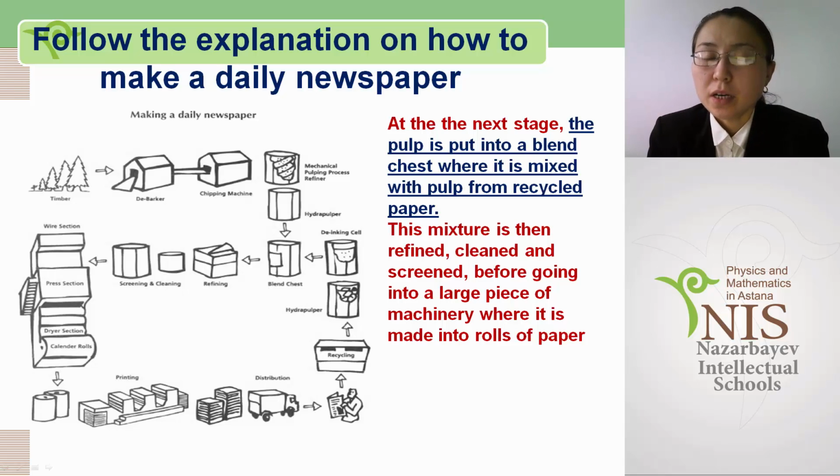So do you remember when we were putting the words in right places, there was one little column where the word recycle appeared. And so we can say that we have two ways of making a daily newspaper. The one is to do all this process, and the second is to recycle.